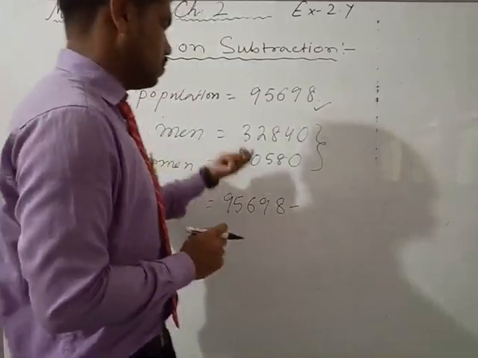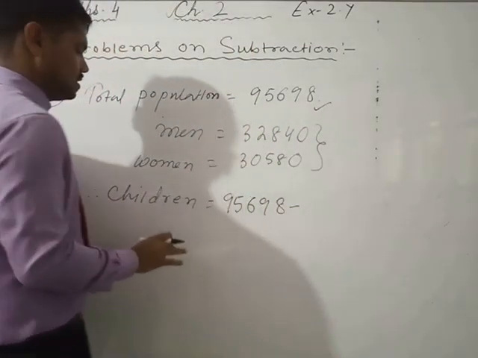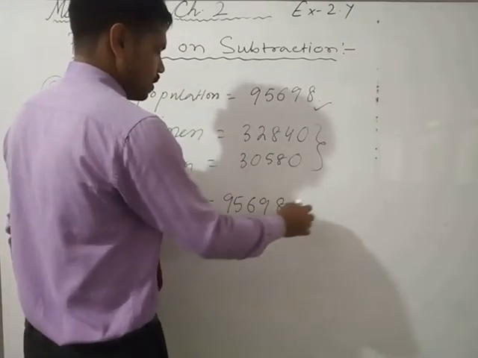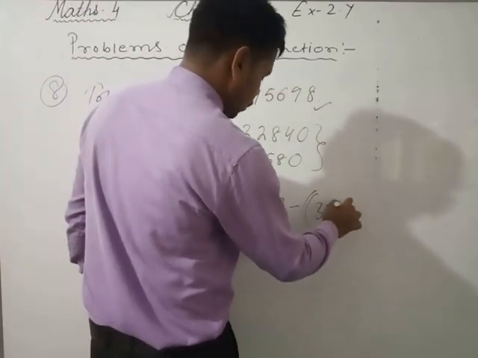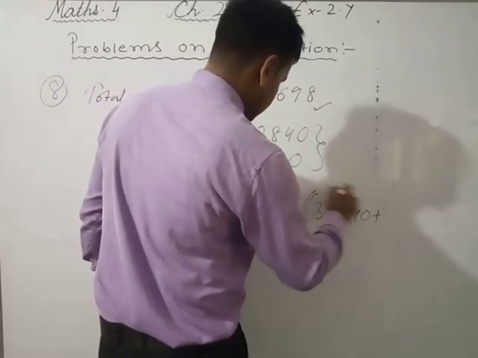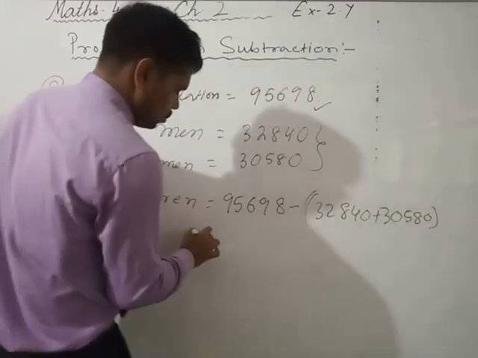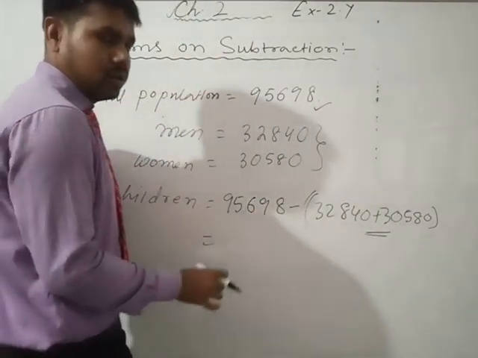This is the same kind of question, related to the number of populations. Children are this much, and you have to subtract the man and woman. So man is 32840 plus woman 30580. First you have to add this, and then subtract, and find out the result.